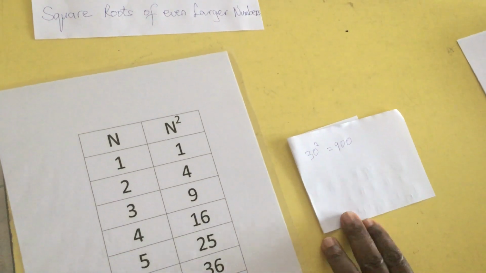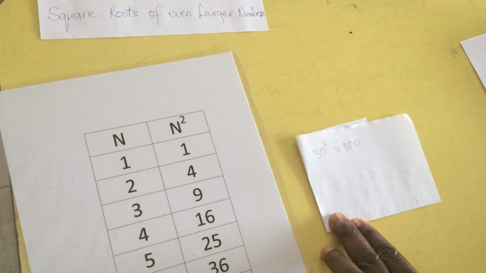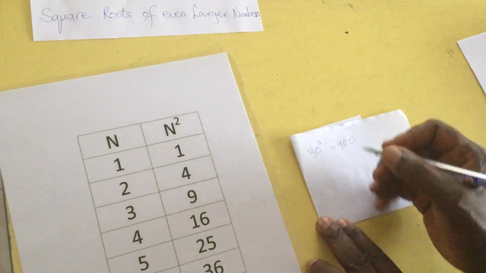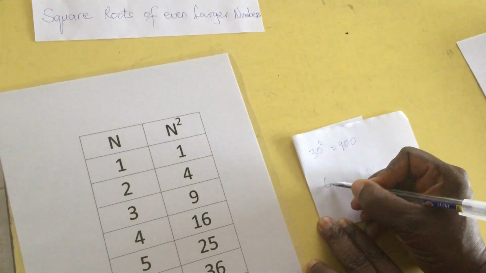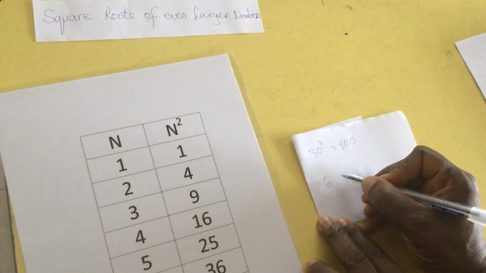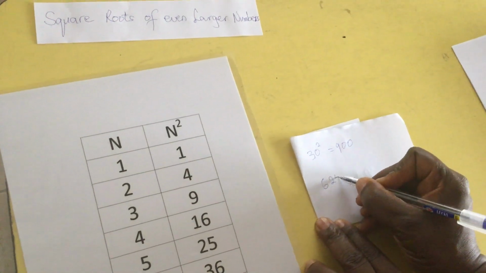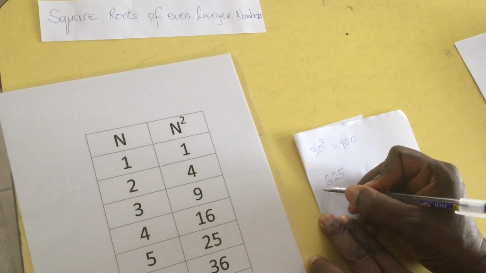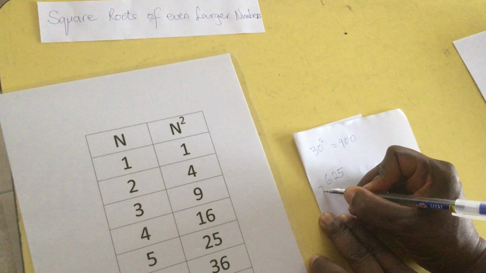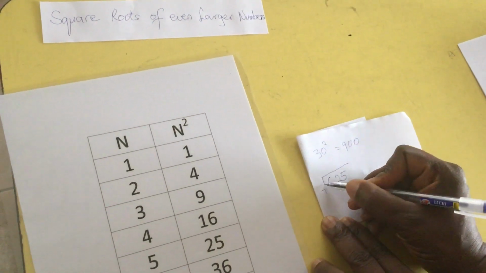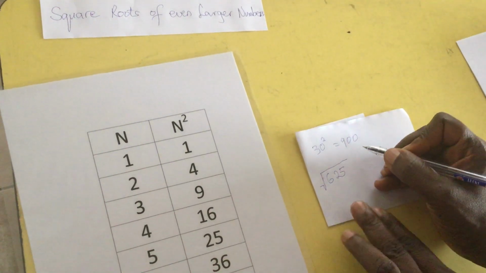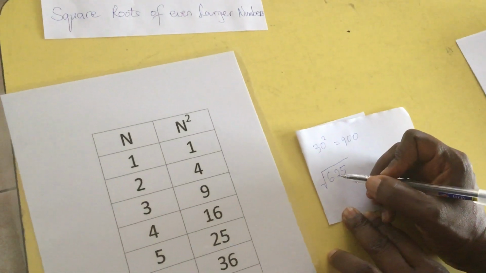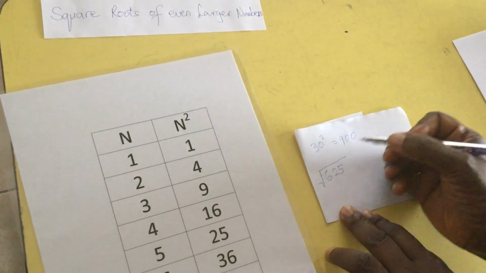So now let's find the square root of 625. If you want to find the square root, remember the sign. We start by finding how many digits we are going to have in the root.